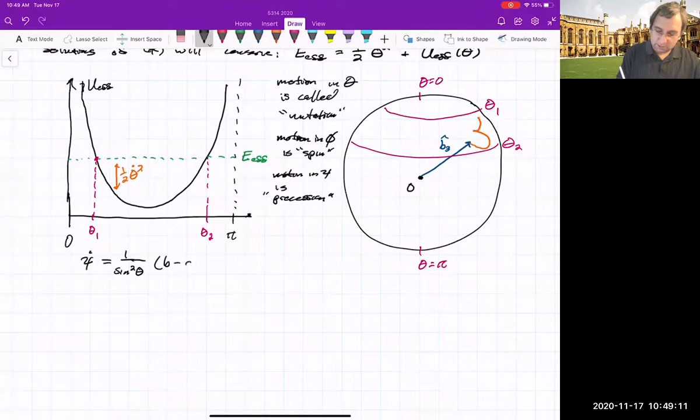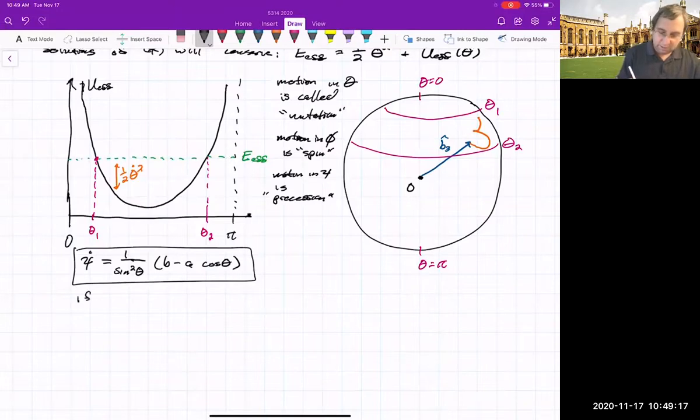This is B minus A cosine theta. I'm just rewriting it from up above. So if B is greater than A, then psi dot is greater than 0 always. So you always have precession in one direction.